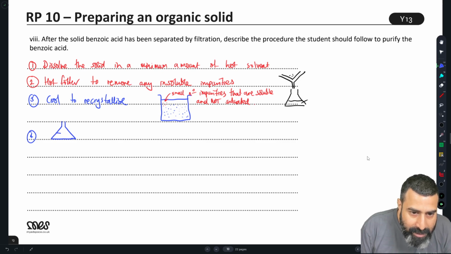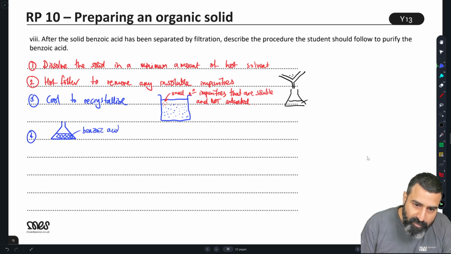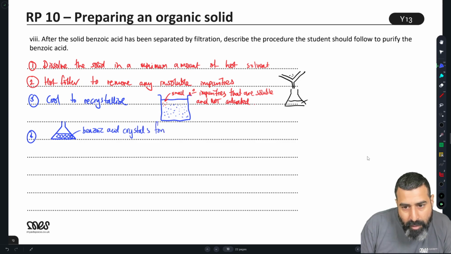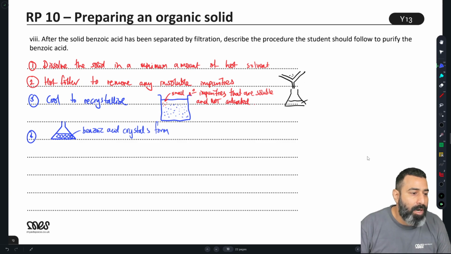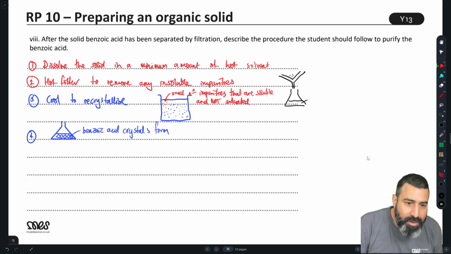And as it crashes out of solution, because it's less soluble as it gets colder, we're going to start to see crystals of benzoic acid forming. So these are my benzoic acid crystals. Okay, and what about my soluble impurities? Well, they're going to stay in solution because it's not a saturated solution, so there they are.